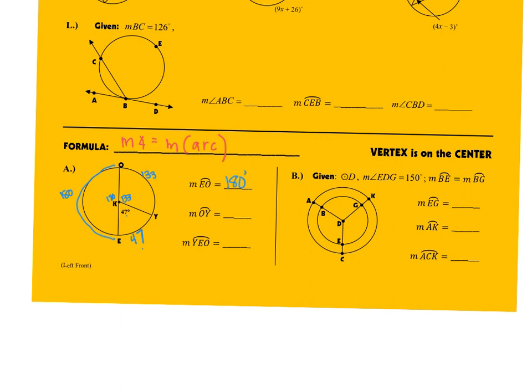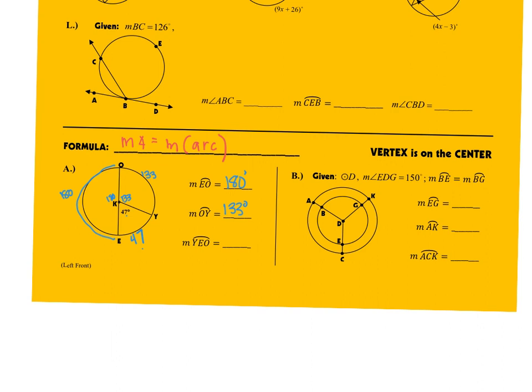The next one we're looking for is OY, and so that's from here to here. And once again, if we knew this was 47, we know this has to be 133 to make that 180. And so from O to Y, this arc out here, that is going to be 133 degrees.